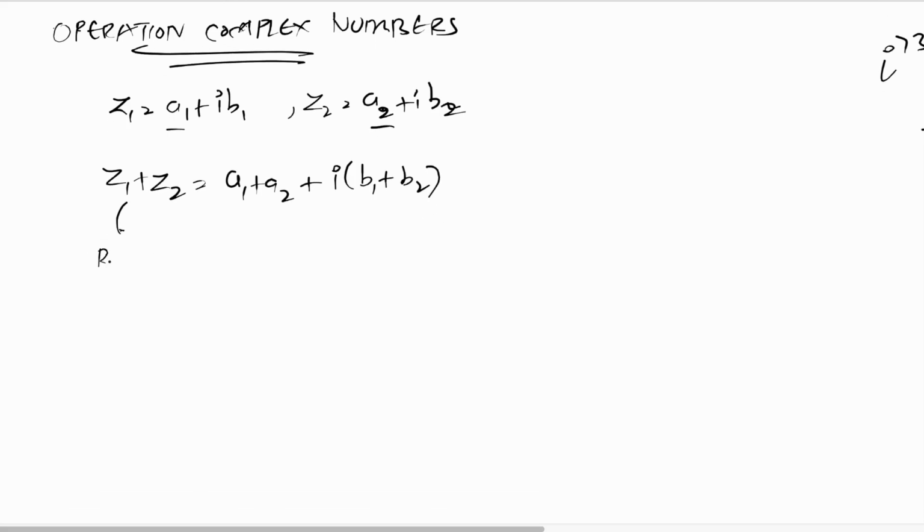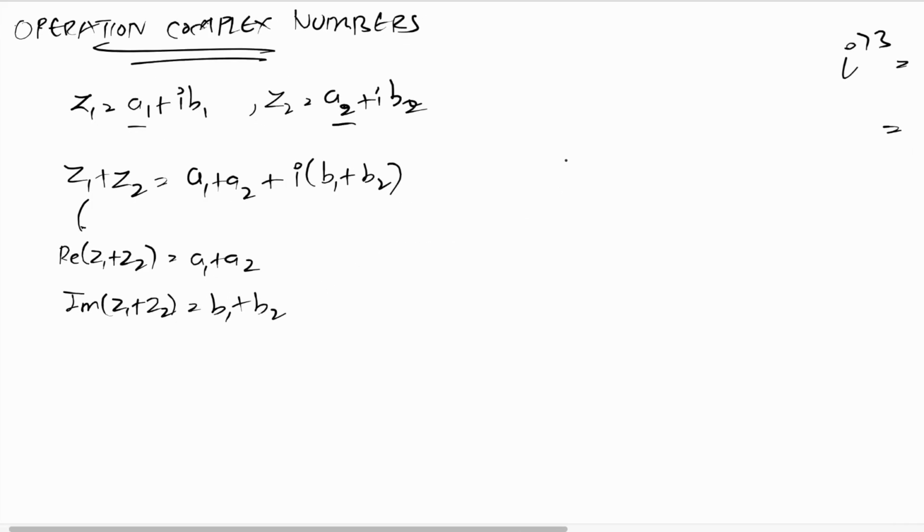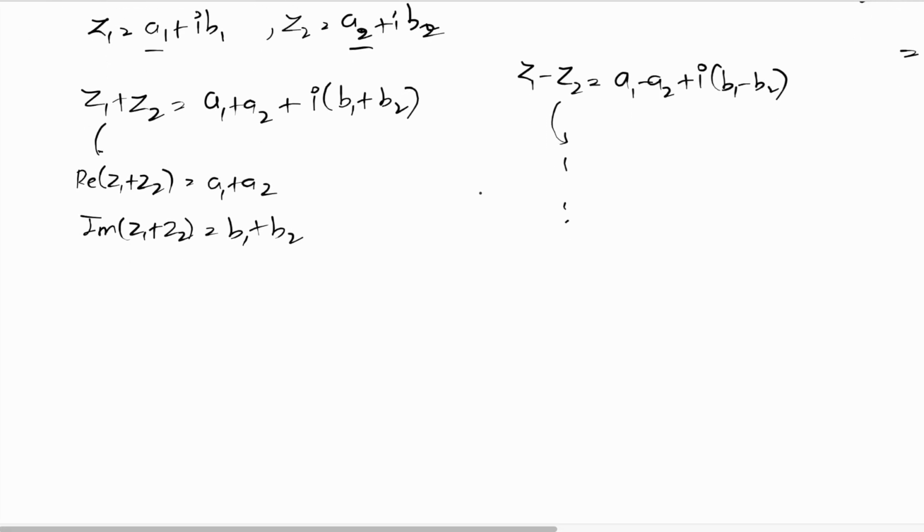So one thing which I can conclude is that for z1 plus z2, the real part is a1 plus a2. Similarly, the imaginary part is b1 plus b2. No difference for subtraction. If I subtract z1 and z2, I'll get a1 minus a2 plus i times b1 minus b2. And similarly, we can conclude the similar statements here regarding the real and imaginary part.